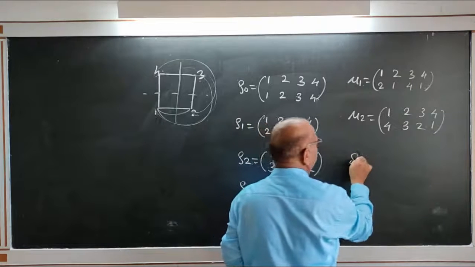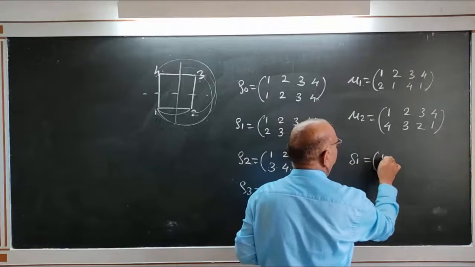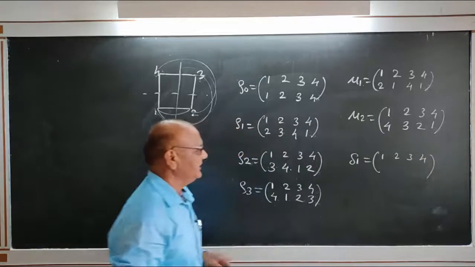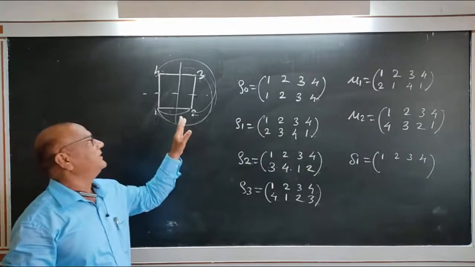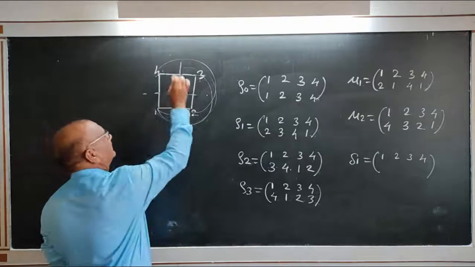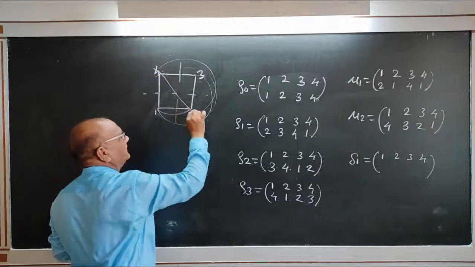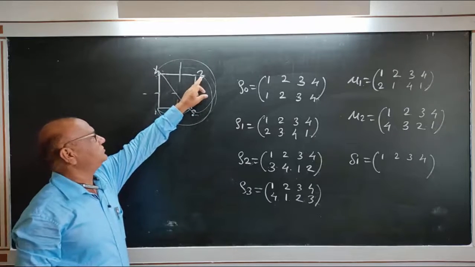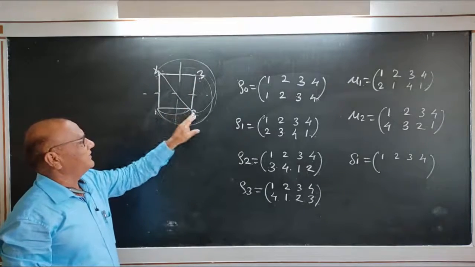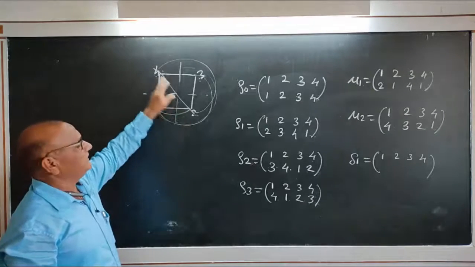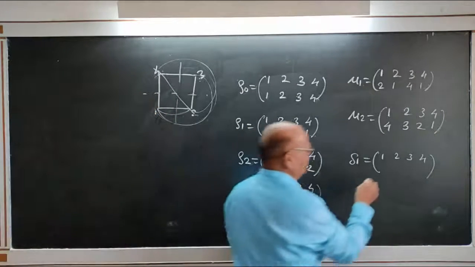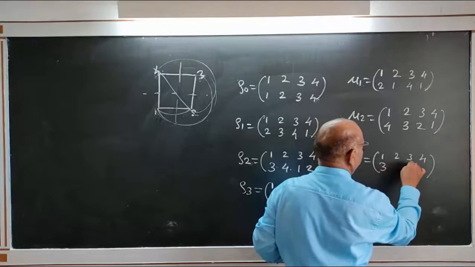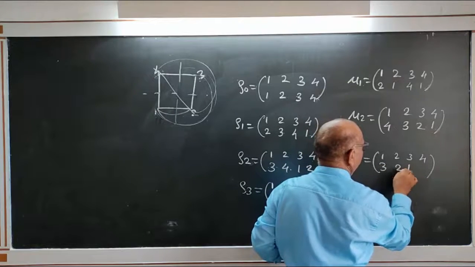Now delta 1, diagonally. Only 1 goes to 3 and 3 goes to 1; 2 goes to 2 and 4 goes to 4 as it is.